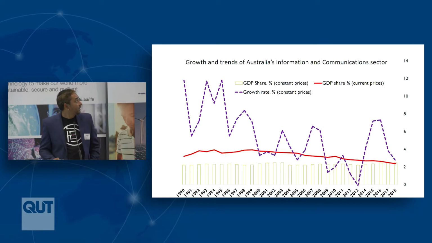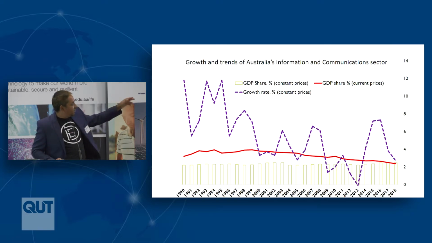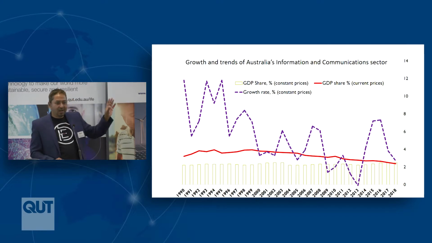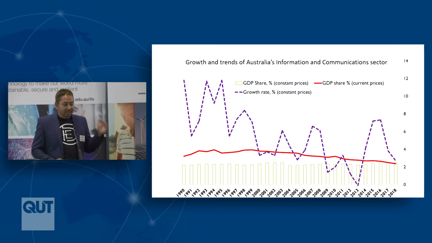So this is the chart of Australia's information and communication sector. As you can see, the red line here is the GDP share, and this is a chart from 1990. It went to a peak in the early 2000s. But what we can really see is that the share of GDP of the sector is actually declining over time.